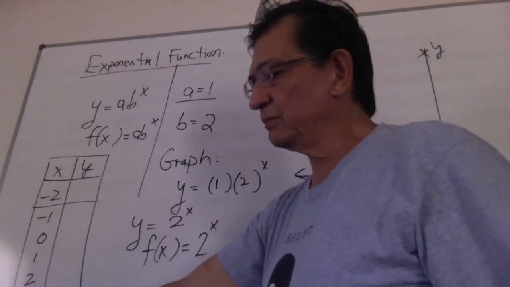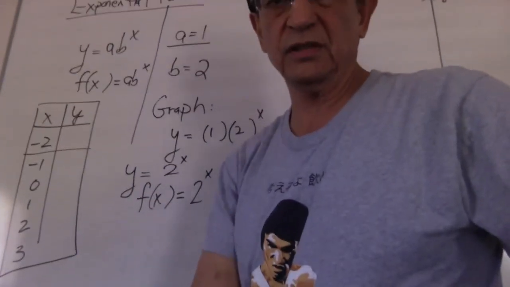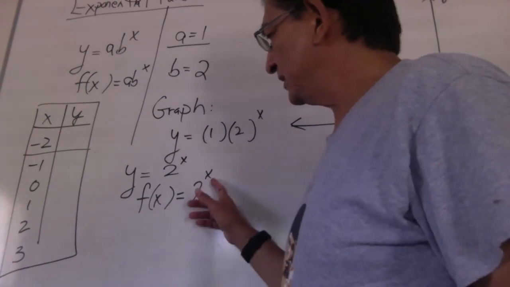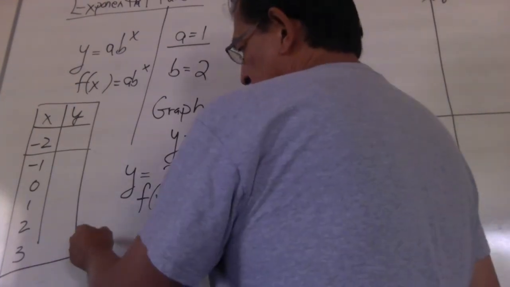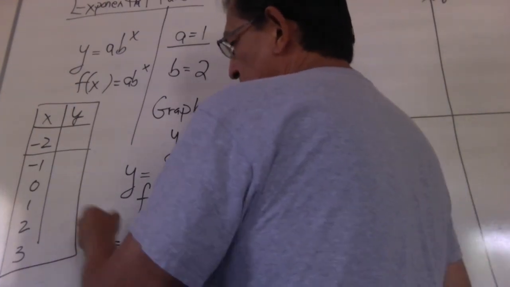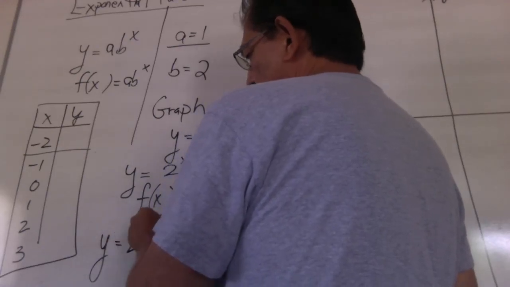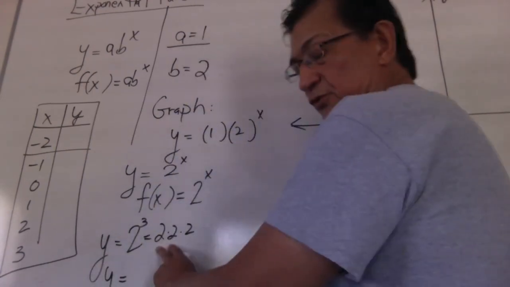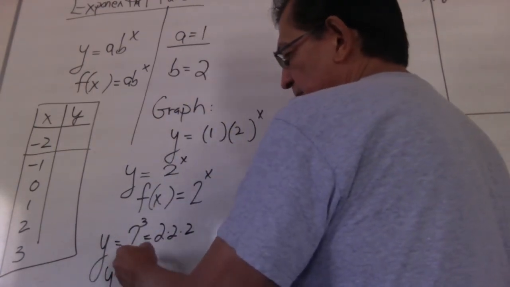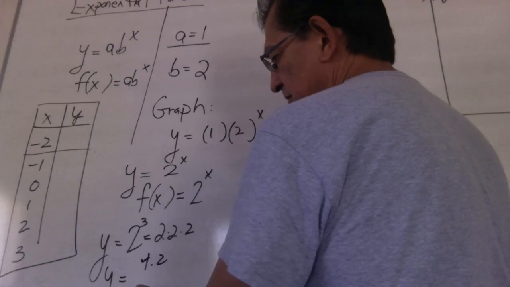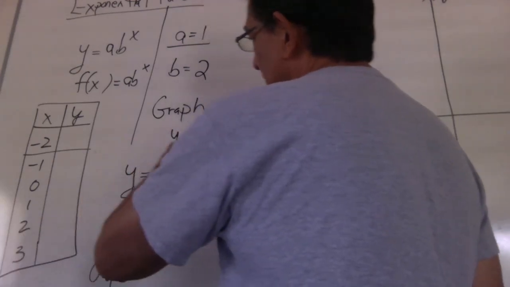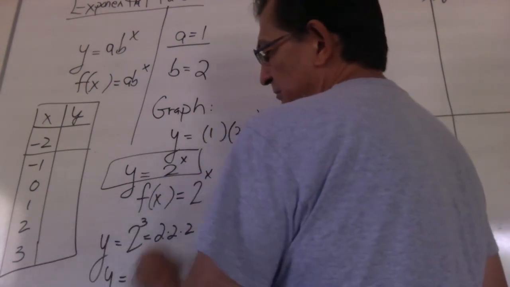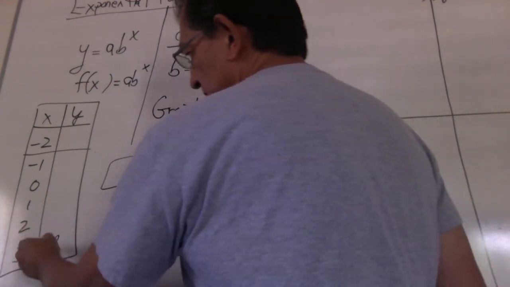I'm gonna start with the bottom one here, with the x being 3. Remember, the 3 is going to be the exponent. So y, or f of x, is 2 to the third power, which is 2 times 2 times 2, which is 2 times 2 is 4. 4 times 2 is 8. So when the exponent in this function is 3, then my output is 8.